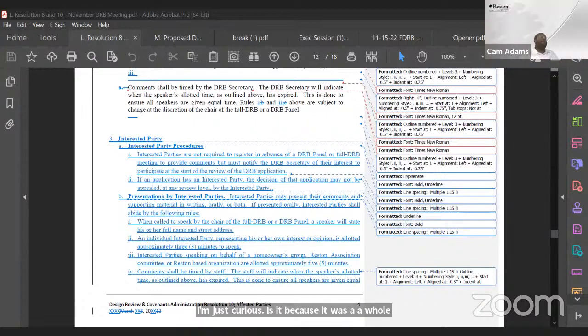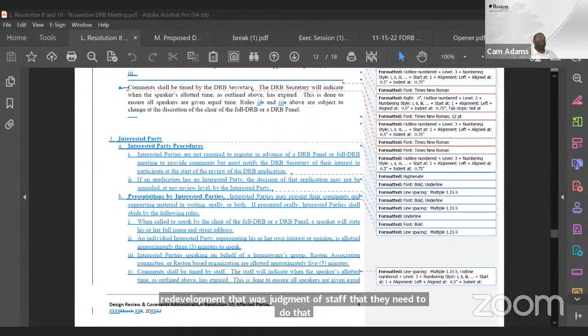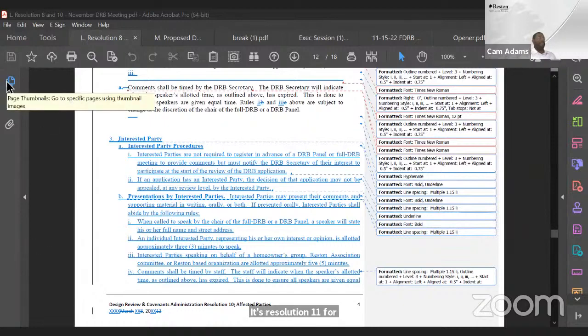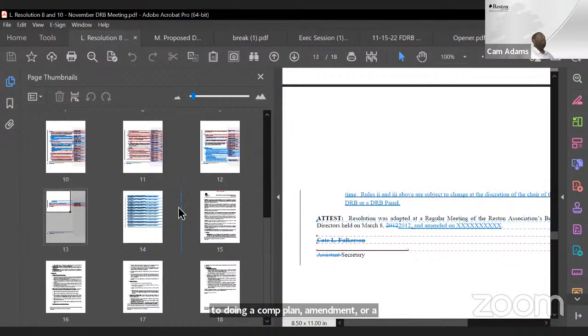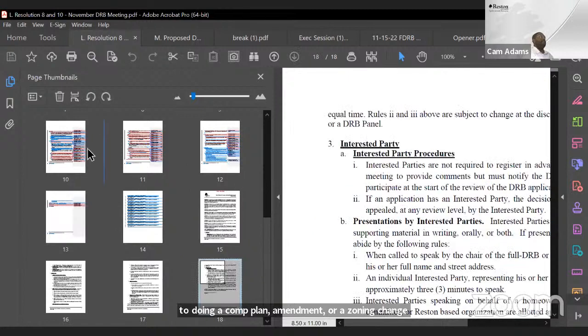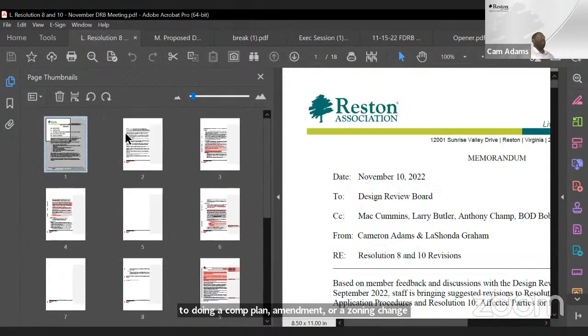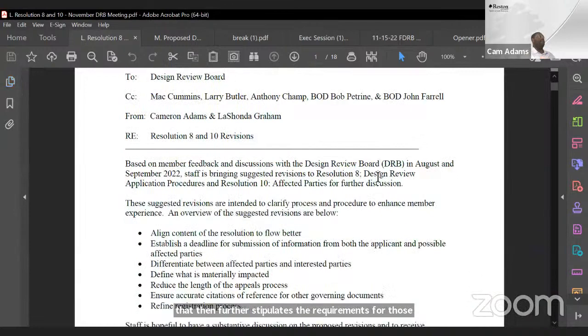So, really good question. There's actually another resolution. There are resolutions for everything. It's Resolution 11 for notification, which really governs redevelopment and any application that requires a comp plan amendment or a zoning change, and it stipulates the requirements for those types of applications for a wider notification.